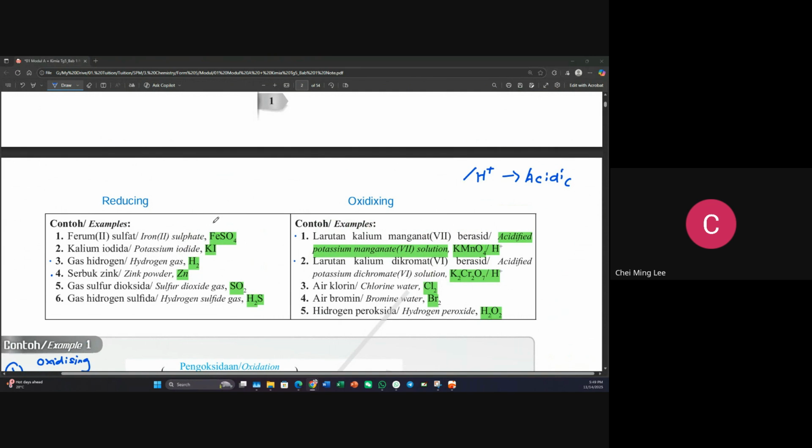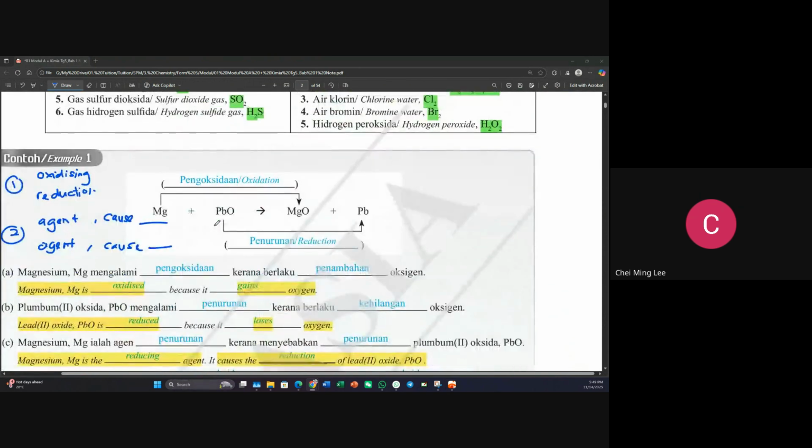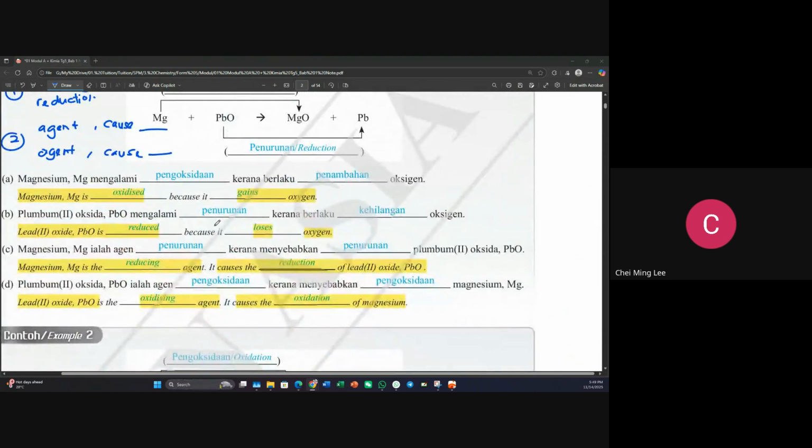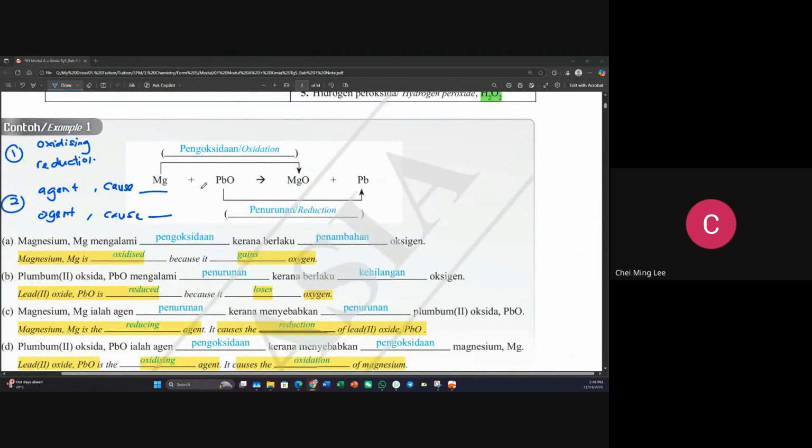Now let's come back here. For this one, magnesium will react with lead oxide and become magnesium oxide with lead. Here, what has been changed is magnesium and lead 2 oxide, correct?